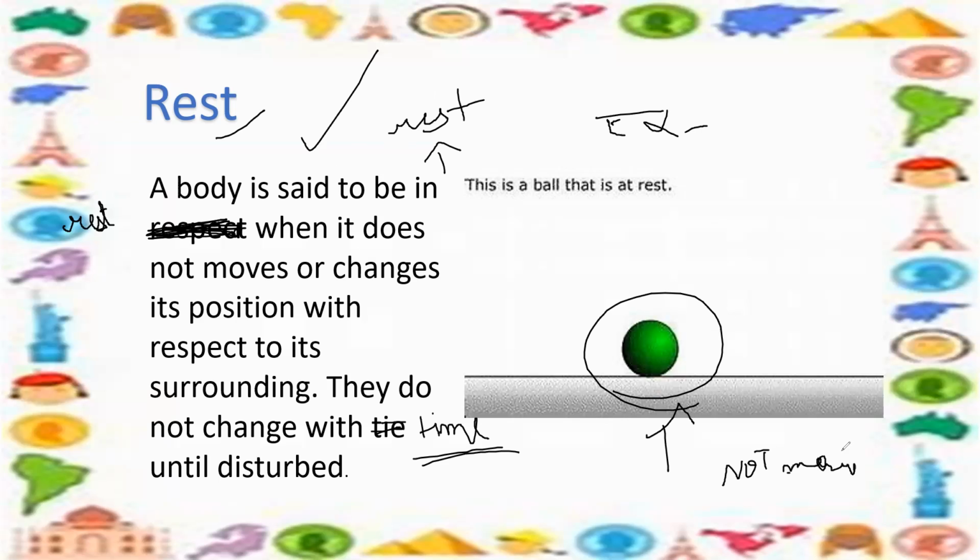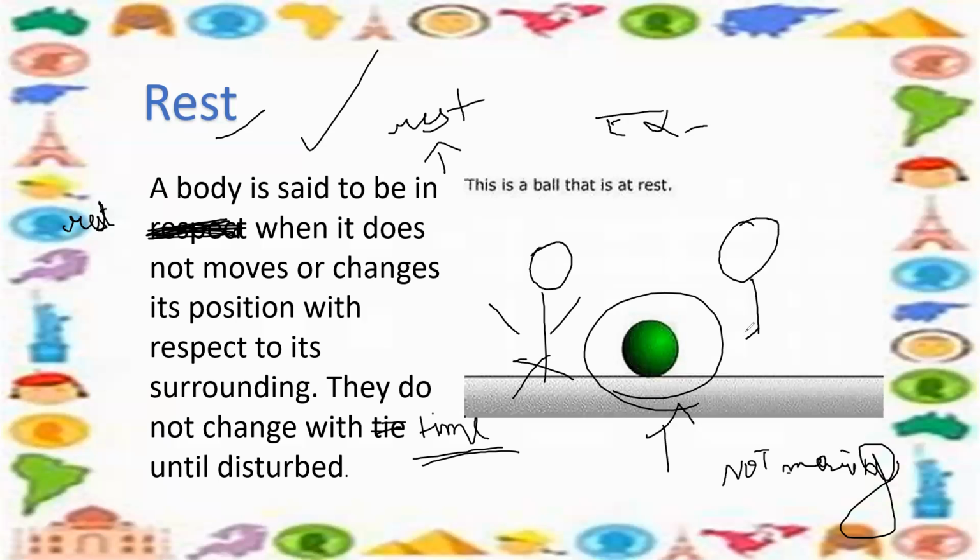Now if any person just holds this ball, it was at rest, but if you take that ball and start playing with it, if you make the ball move or change its position, then the ball will be in motion.